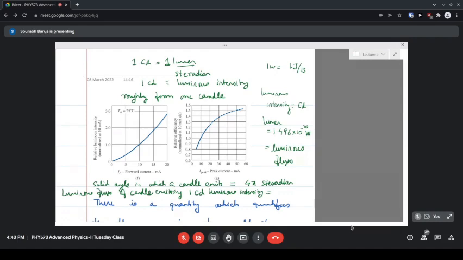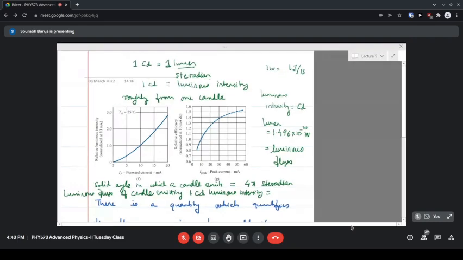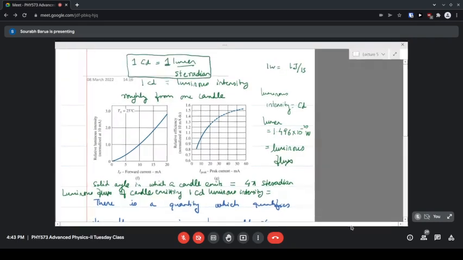So that means the candle is emitting 1 lumen per steradian, and that is being emitted in 4 pi steradians. So that is equal to 4 pi steradian into 1 candela, which is equal to 4 pi lumen. All right.